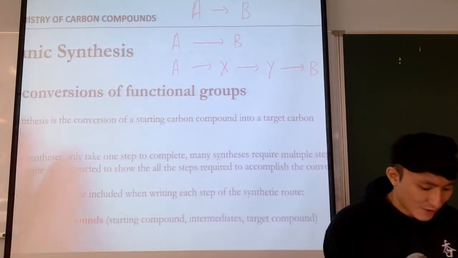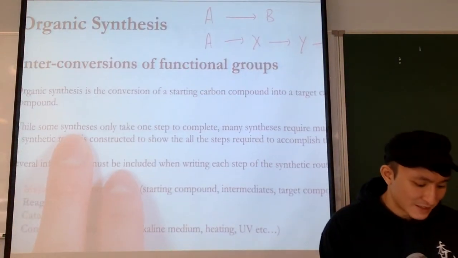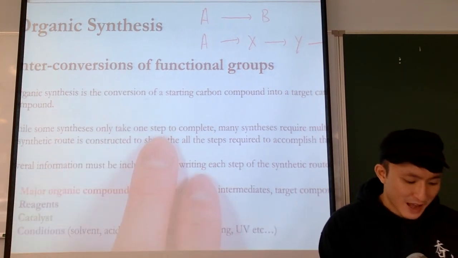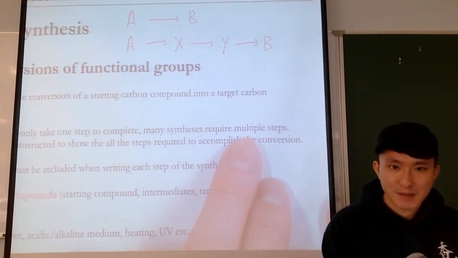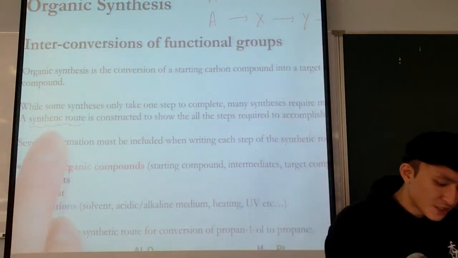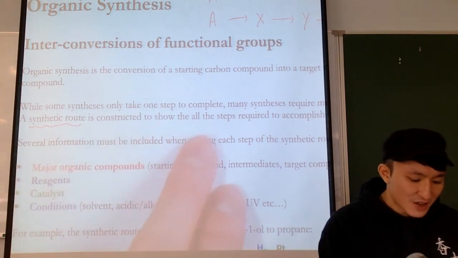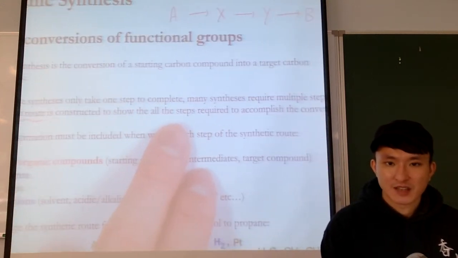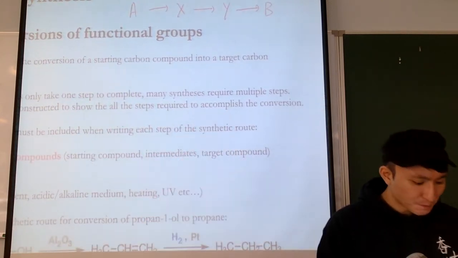Some syntheses, this is the plural, only take 1 step, but many syntheses require several steps. So we try to draft or design a synthetic route in order to show all the necessary steps and reactions to accomplish such a conversion.